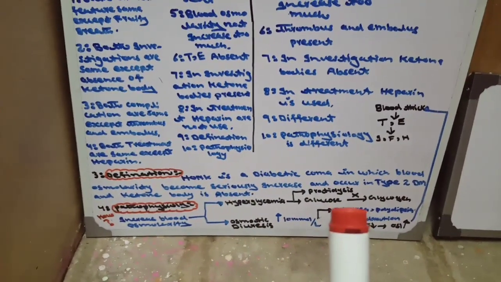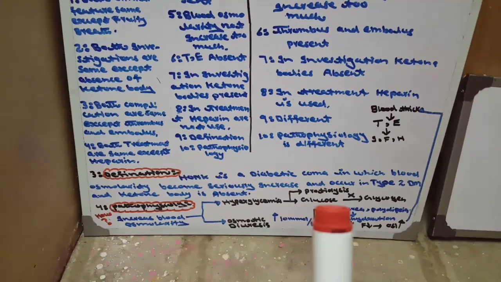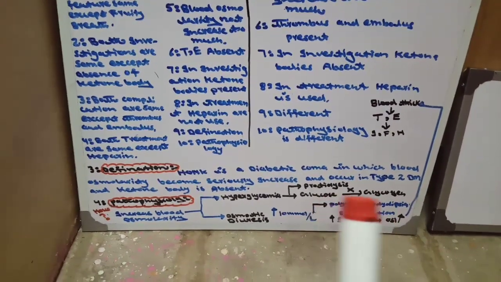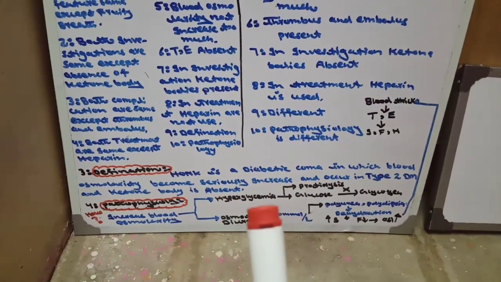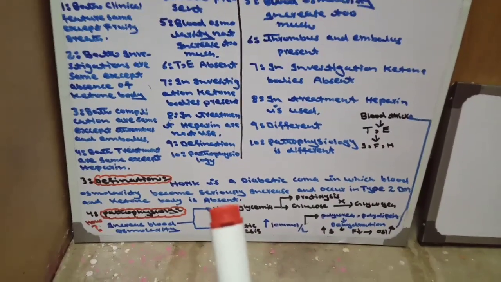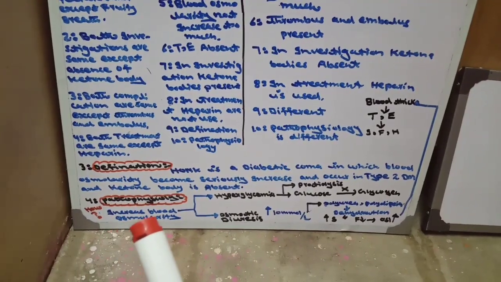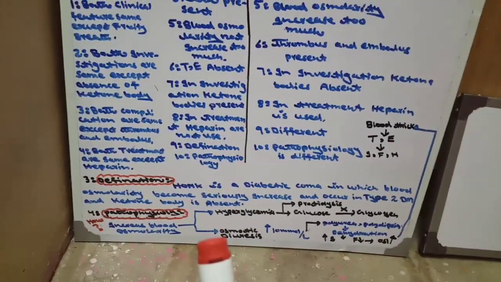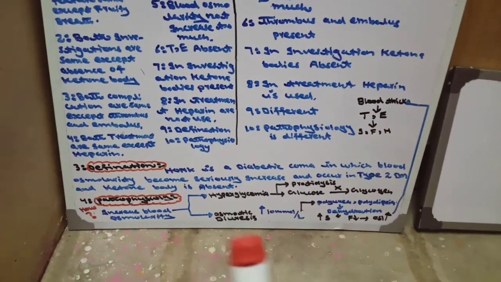Number two, when insulin is absent, the body cannot move glucose from blood to liver to change it into glycogen. Again, hyperglycemia occurs. Due to hyperglycemia, the solute concentration in the blood increases, and as a result blood osmolarity increases. The second mechanism is osmotic diuresis.